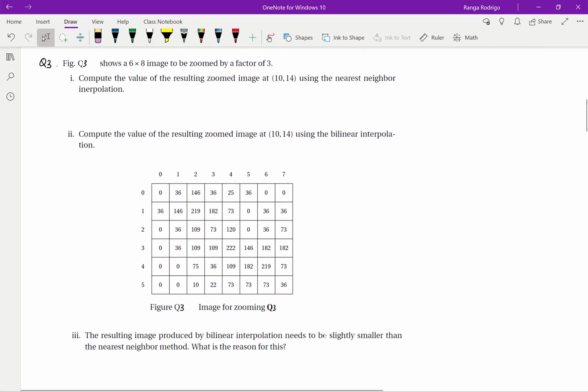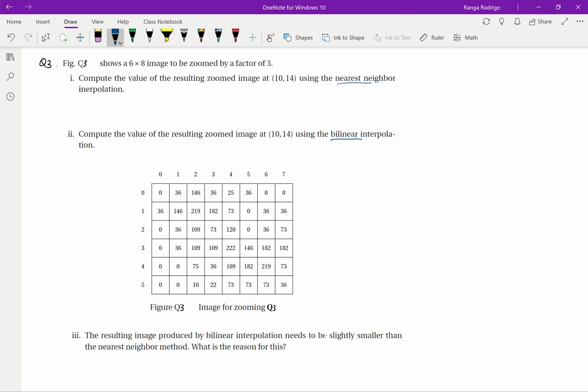Question number 3. Figure Q3 shows a 6 by 8 image to be zoomed by a factor of 3, using the nearest neighbor interpolation, and then it must be computed using the bilinear interpolation.